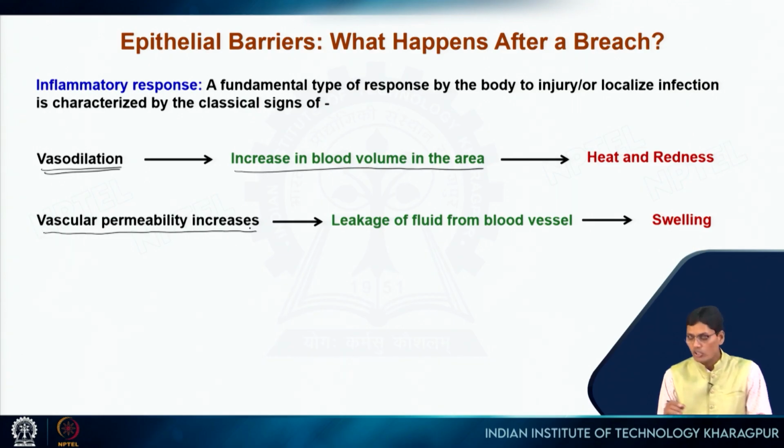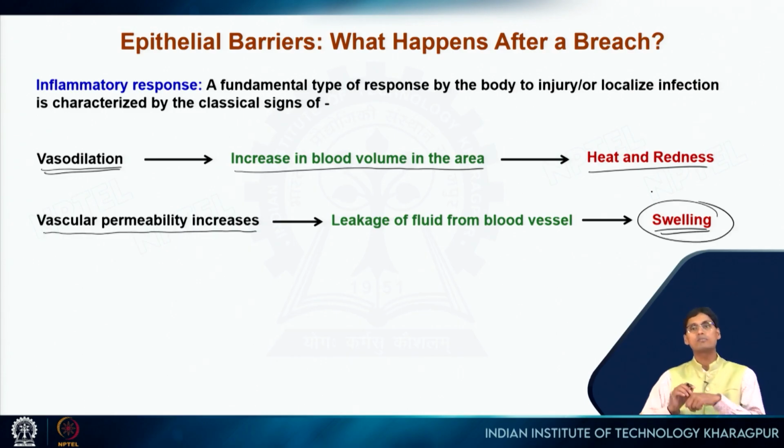Because of that, that portion will be swollen. As you notice, because of a small infection, a small cut, we see some heat, some redness, also some swelling, and sometimes a little bit of pus formation. This is all because of that immune reaction.